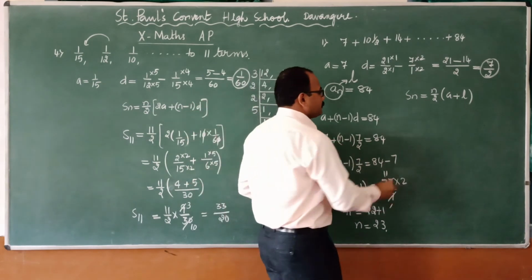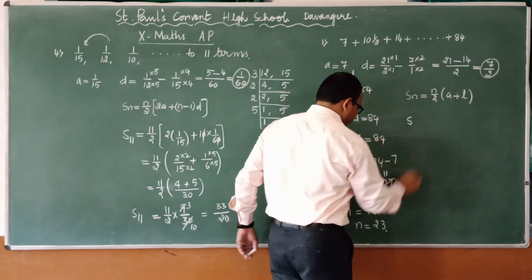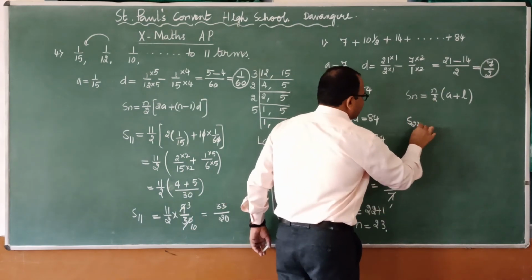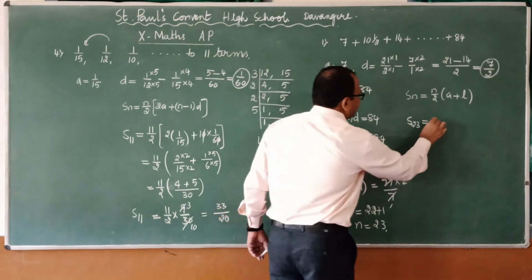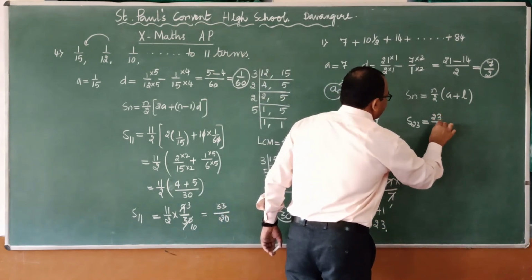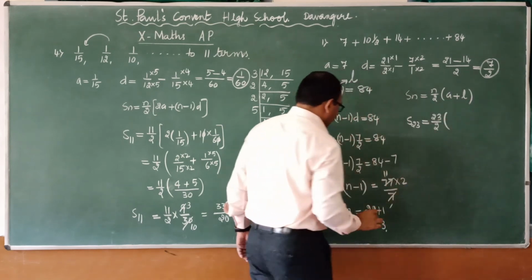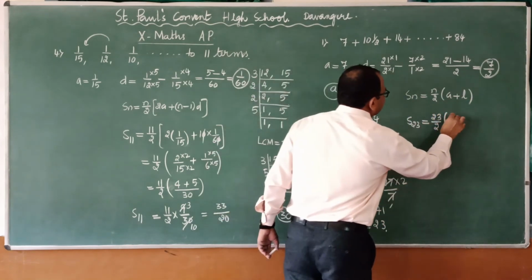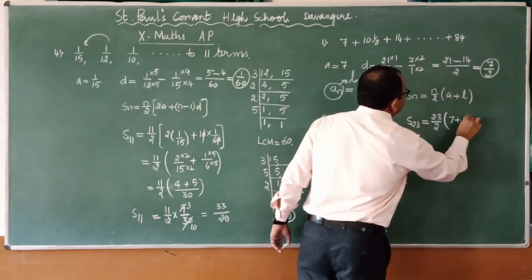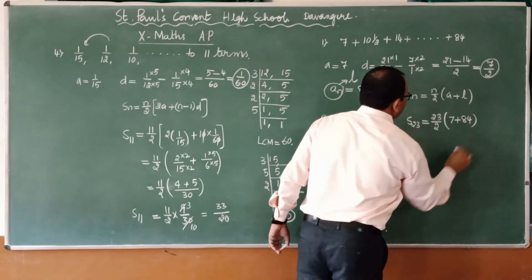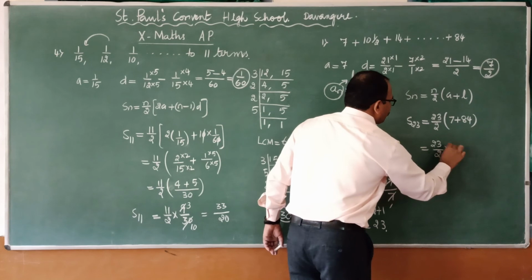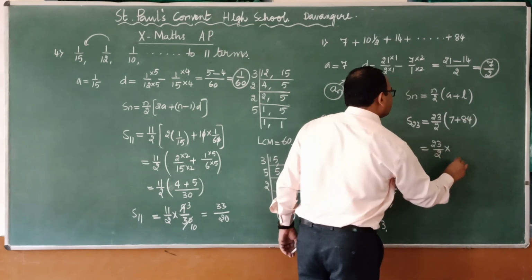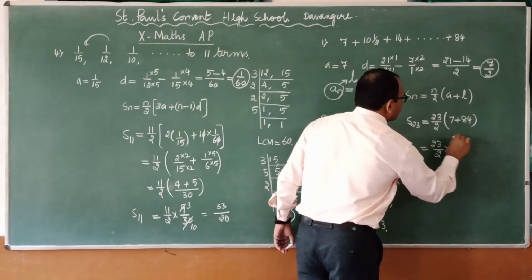You can try, children. Yes, n is 23, which will be equal to 23 by 2, a is 7, l is 84. 23 by 2 into this becomes 91, children.